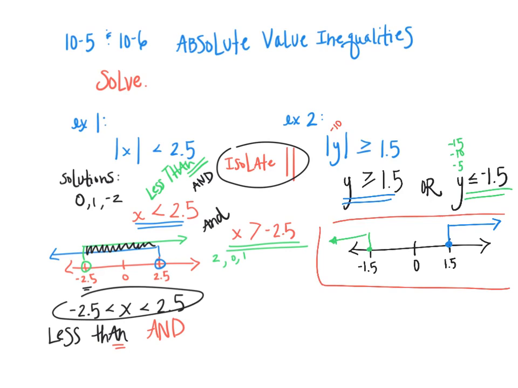So what you need to remember here is greater, and I'm emphasizing greater, you're going to think or. So in class I always say less than is and, greater is or, to help you remember.